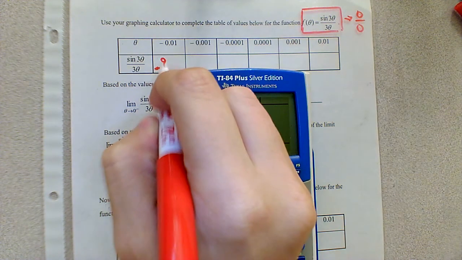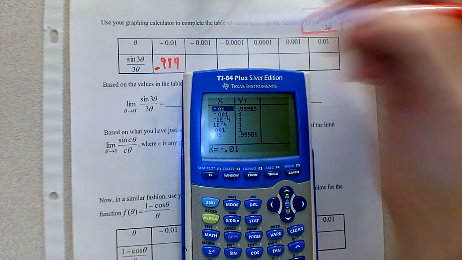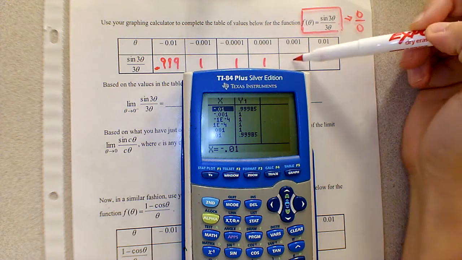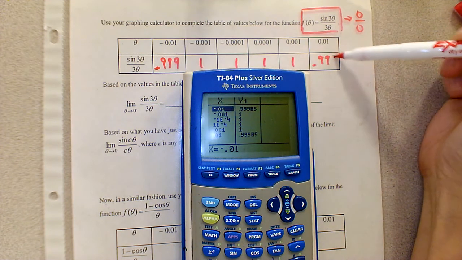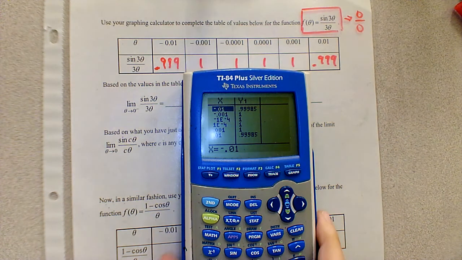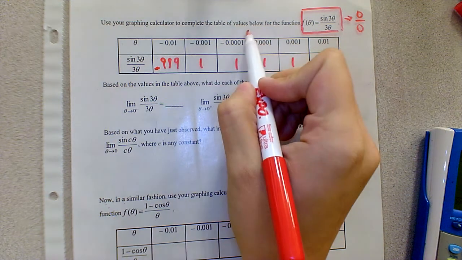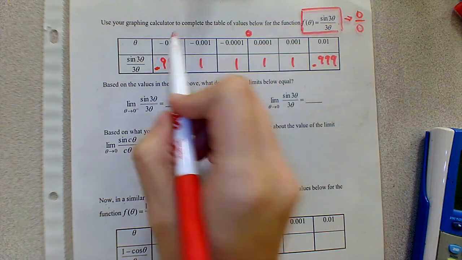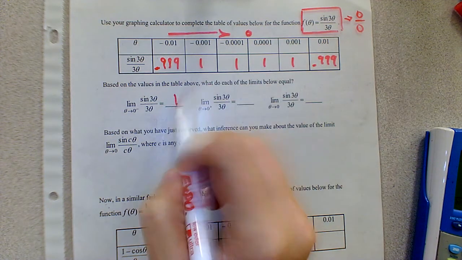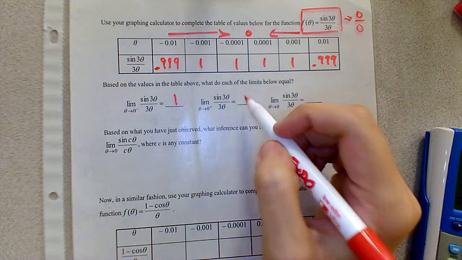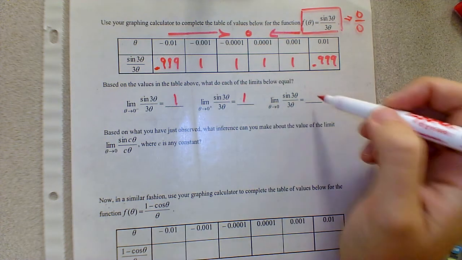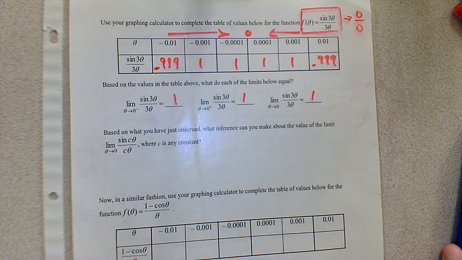But it looks like we're actually left with the same values from our previous chart. So this is going to make evaluating the limit pretty simple. Again, we're approaching 0, so we'll find that in our table. And as we come in from the left, we get closer to 1. Come in from the right, we get closer to 1. So the overall limit would be getting closer to 1.